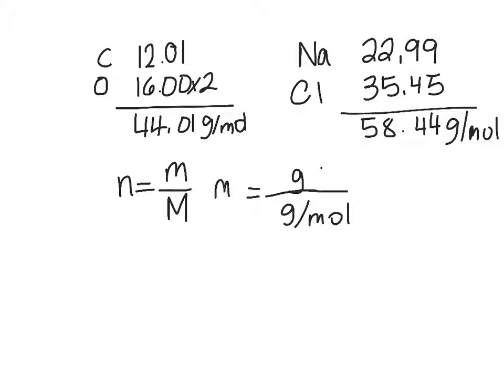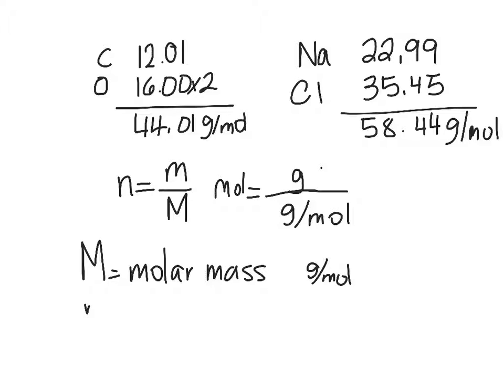And that would give us moles. So there's your units. So this is another equation that we're gonna use. But if you like dimensional analysis, you're gonna use that. So big M is molar mass. Units are grams per mole. Small m is mass in grams, and small n is still moles.